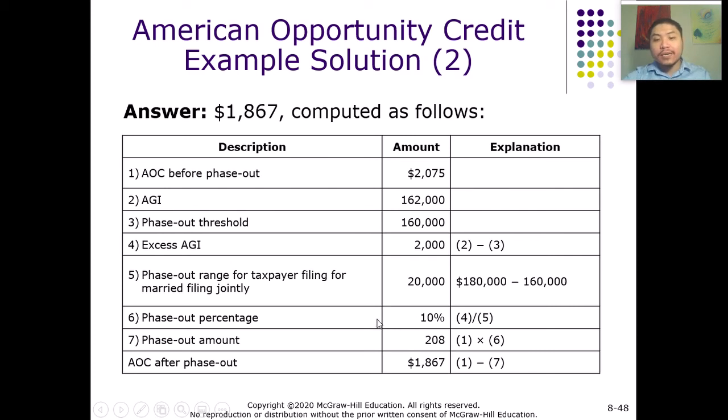So the phase-out amount is 10% times $2,075, which is $208. The credit after phase-out is 2,075 minus 208, which gives us $1,867. All right, so that's the American Opportunity Tax Credit Program.